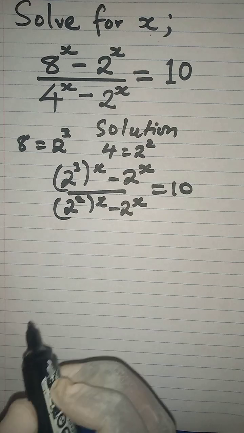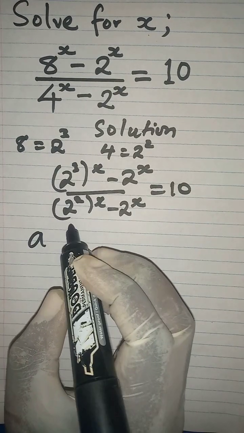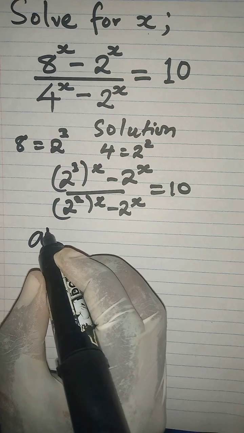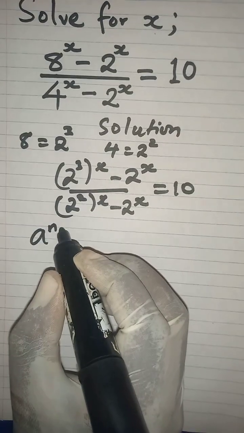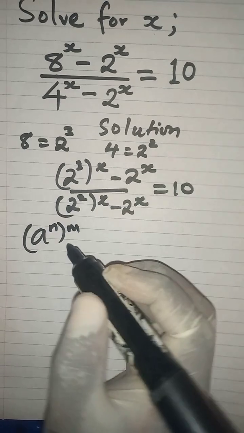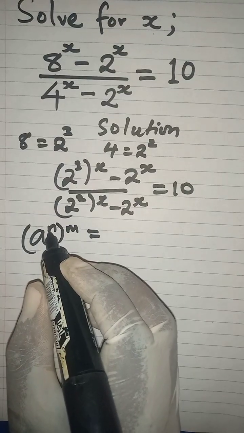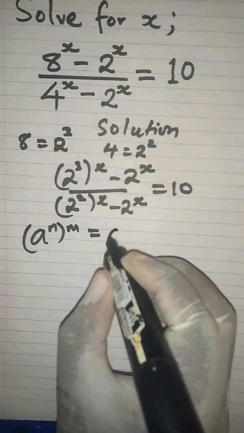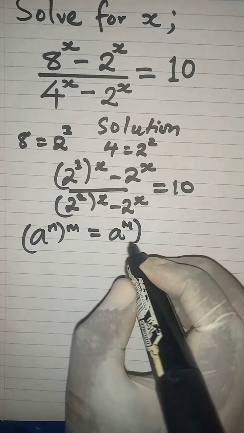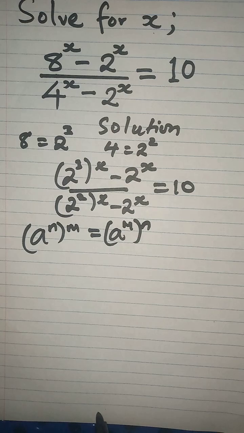Well, you also need to recall that when you have a number with base a raised to power n multiplied by power m, then the m can also come inside and n can come outside, using the multiplication identity.